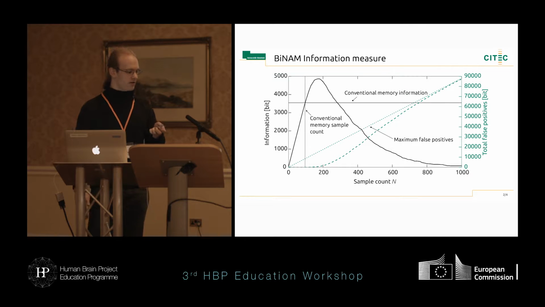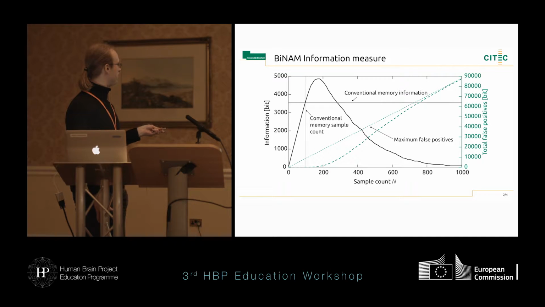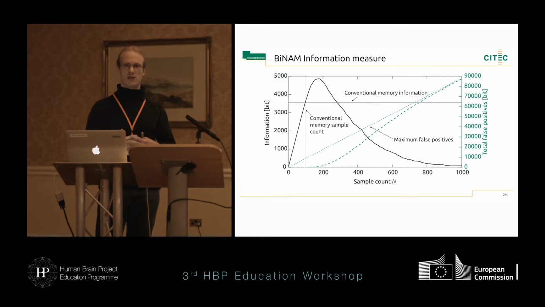You can, for example, see this here. We have different data set sizes, and we can predict how much information can theoretically, under perfect circumstances, be extracted from the memory.